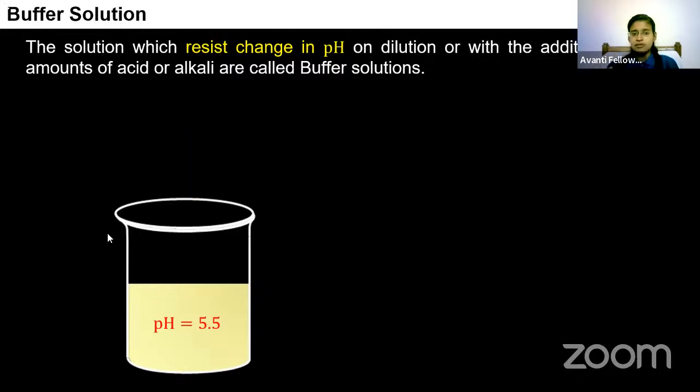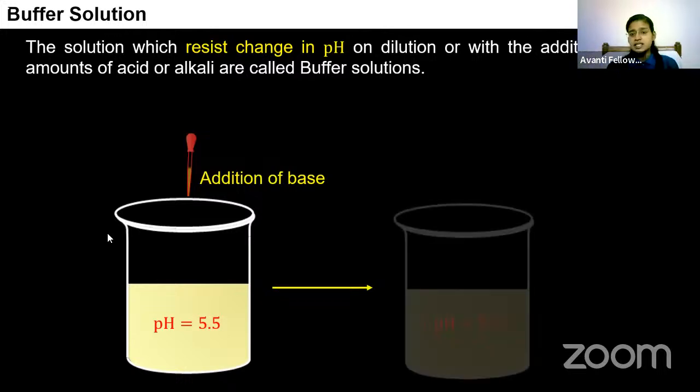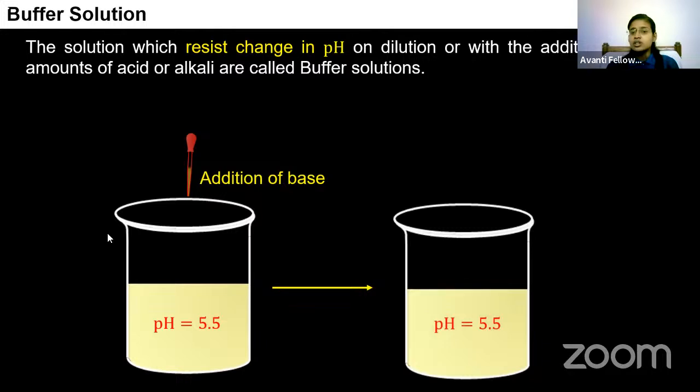Also, if I add some alkali, alkali means base, then on addition of this base, the pH is going to remain the same and is not going to increase. So whether I am diluting it, adding an acid or adding a base, the pH of the solution will remain unaffected, and those solutions are called buffer solutions.